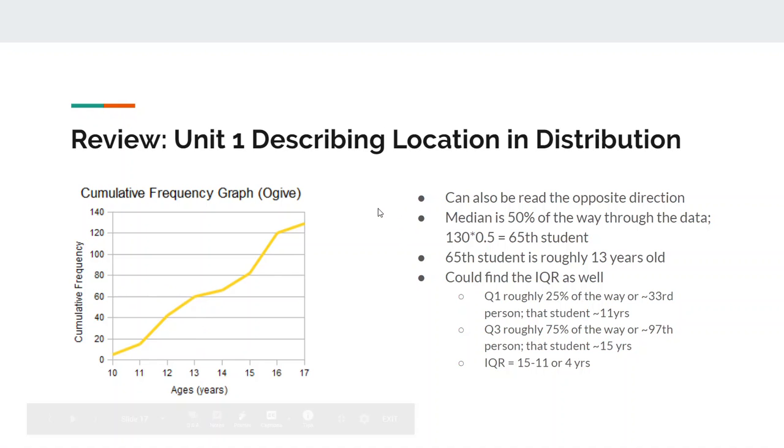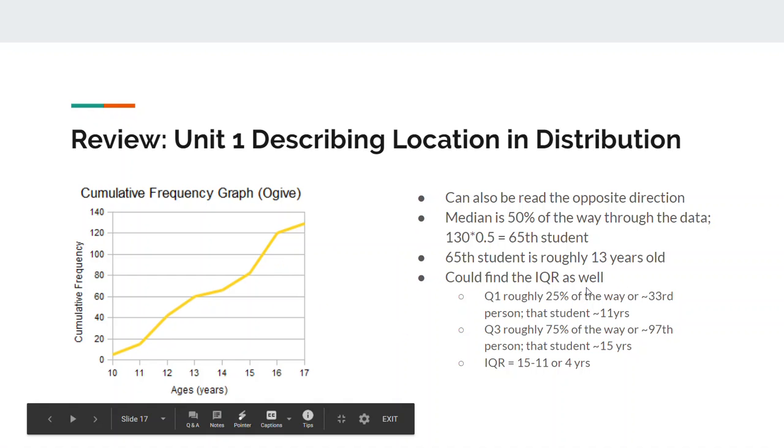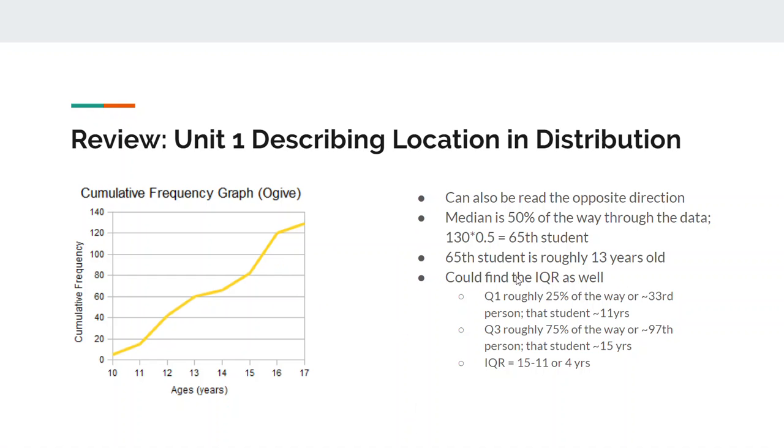The 65th student is roughly a 13-year-old, so my median would be someone who is 13 years old. I could find the IQR as well if I wanted to, and I'll let you trace that through and ask me if you have any questions on that. But again, you find the 25th percentile, you find the 75th percentile, subtract those two, and you could figure out your IQR.